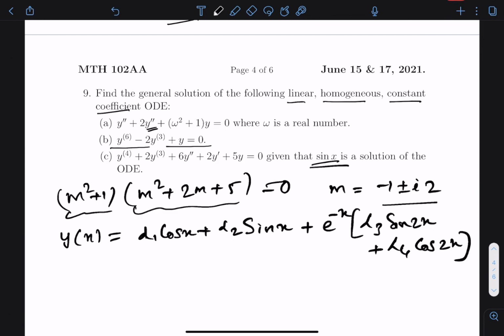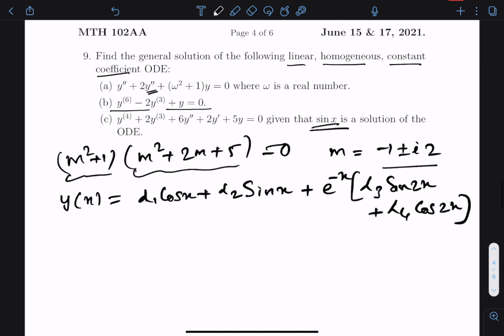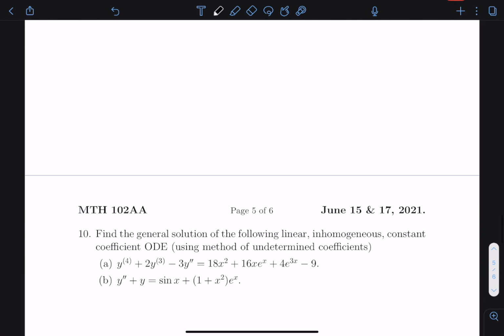Okay, so that is the general solution of this 9c. Now that completes problem number 9. Now let's go to problem number 10.